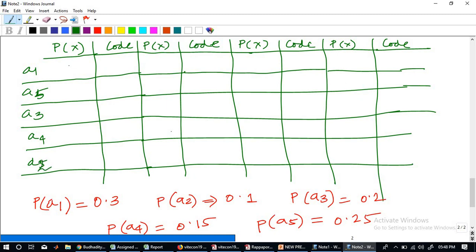So A1 is given by 0.3, 0.25, 0.2, 0.15, 0.10. So this is one numerical where the order was not given directly. So you have to find out the probabilities and arrange them in the correct order.